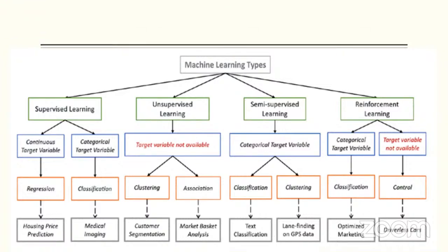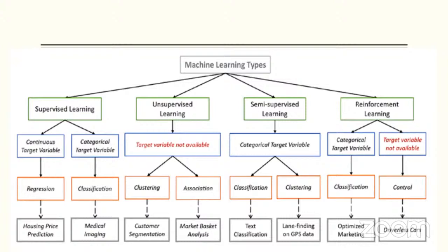So now today, let's go into the details. If you look at the algorithms itself, there are four main types of algorithms that we discussed, right?